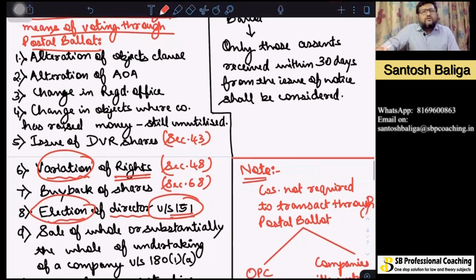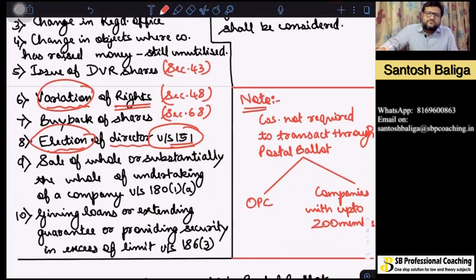There are two more business items which are again covered under CA final. But for the purpose of conduct of voting by postal ballot, these two items will also be mandatorily by postal ballot. The first one of it is sale of whole or substantially the whole of the undertaking of a company.